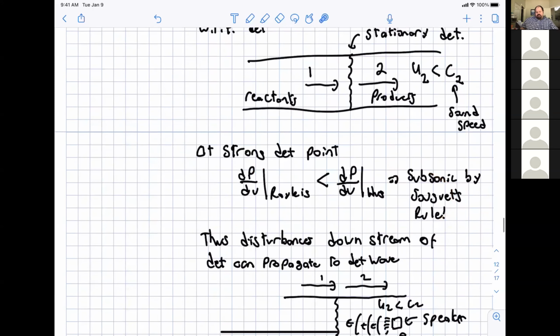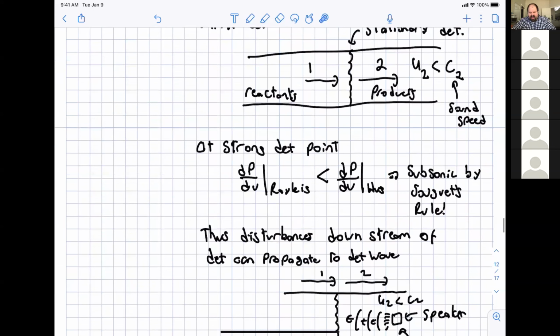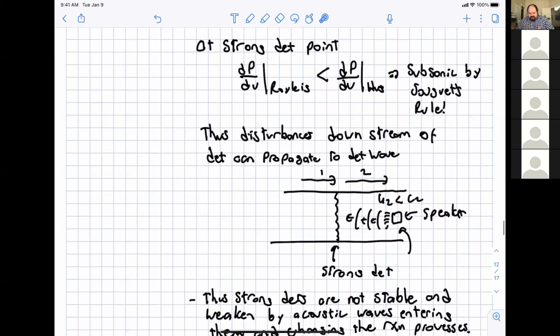So why is this important? Well, think of your gas dynamics. A detonation has some structure, it has some width to it. Right now, we are ignoring that structure. But say the products are subsonic, and say we put a little speaker in the product state and play a song to the detonation.